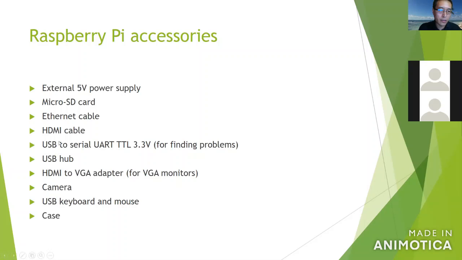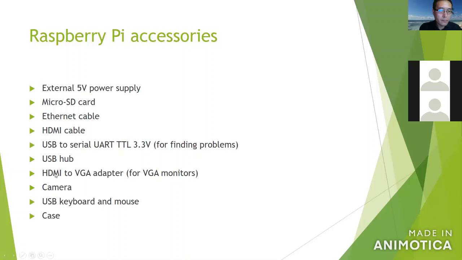And then you have this USB cable, which is for debugging the program. The USB hub is to provide more USB connectors because the Raspberry Pi itself only provides 4 USB ports.